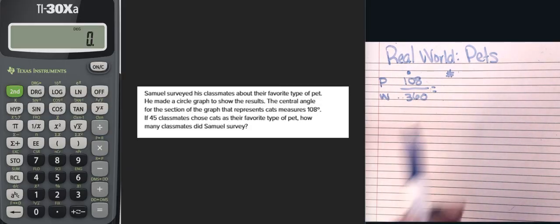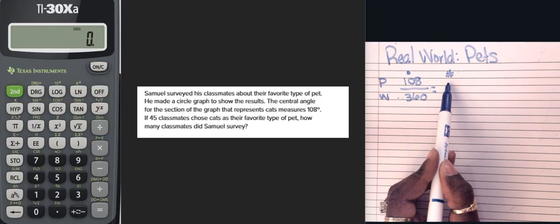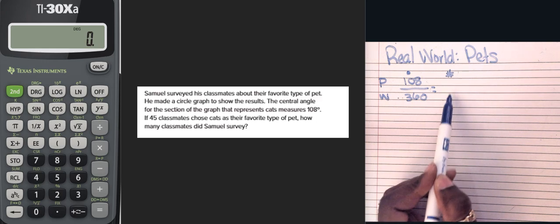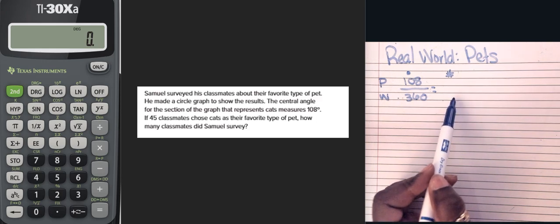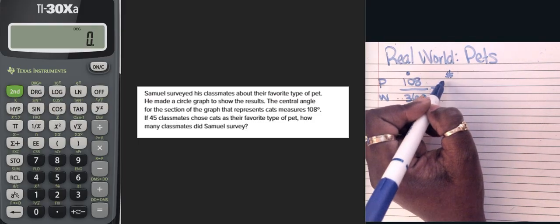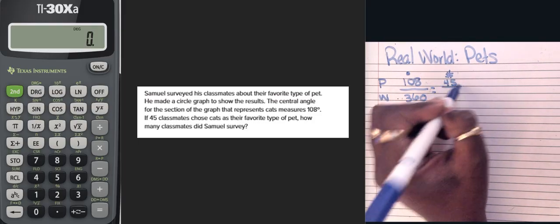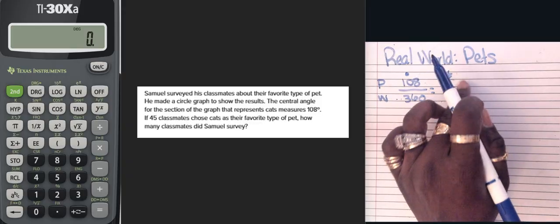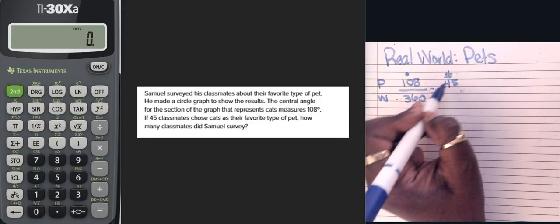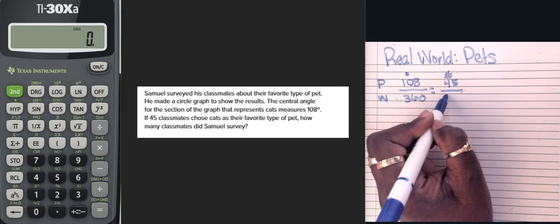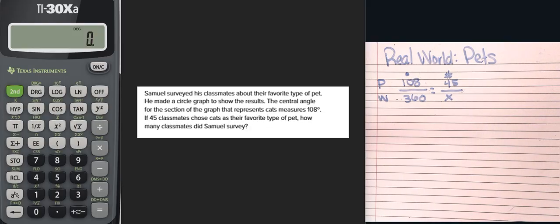And that is going to be equal to what piece of information did they give us, either about the part or the whole? Well, they tell us that 45 classmates chose cats. So that's the part, so we're going to put 45 here. And we are trying to figure out how many students we have in all, so I'm going to put an X there.